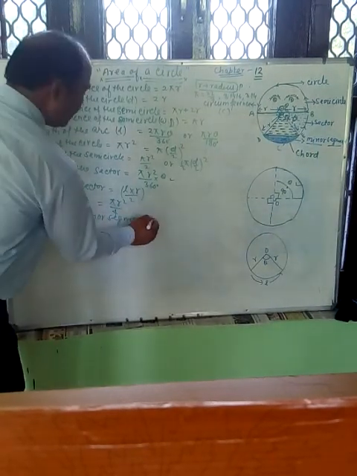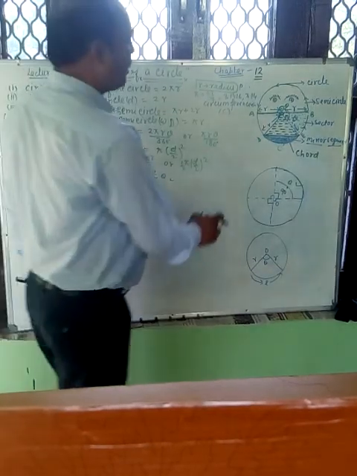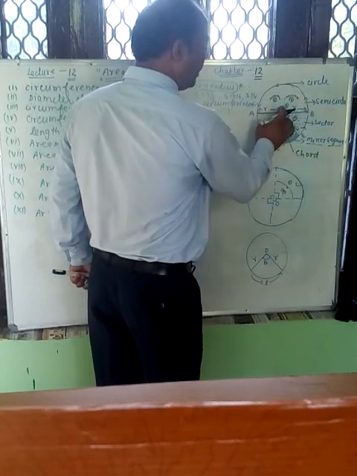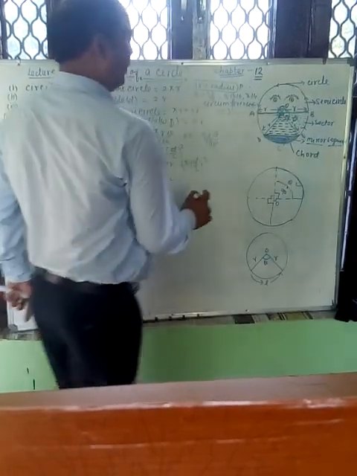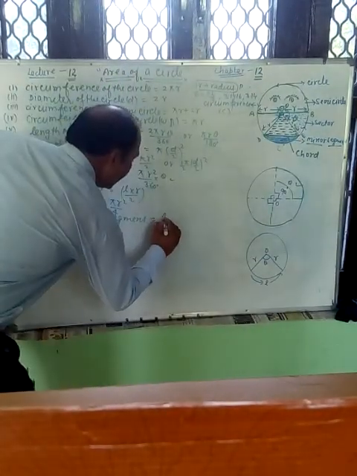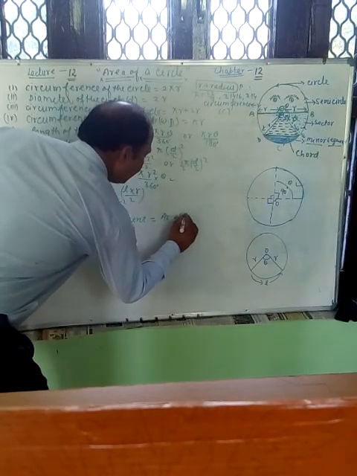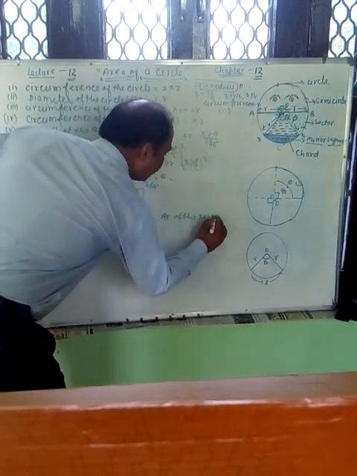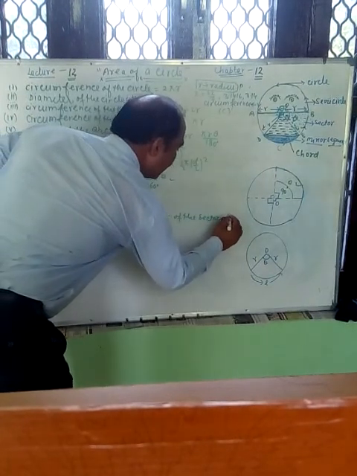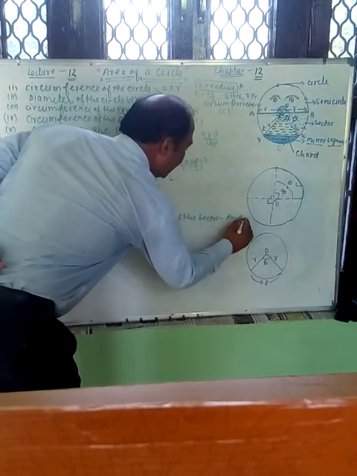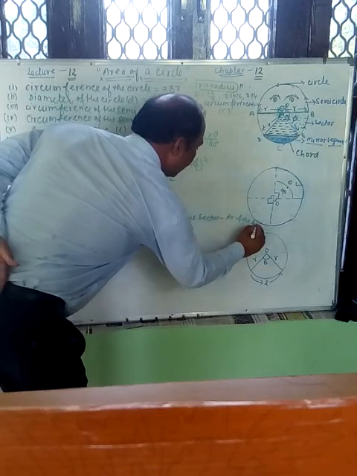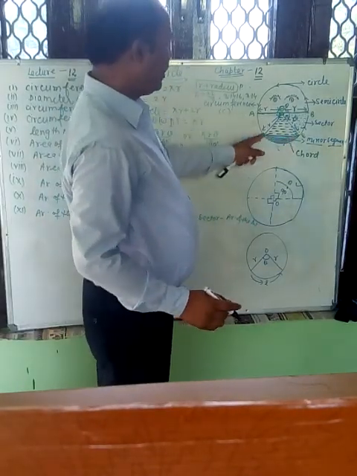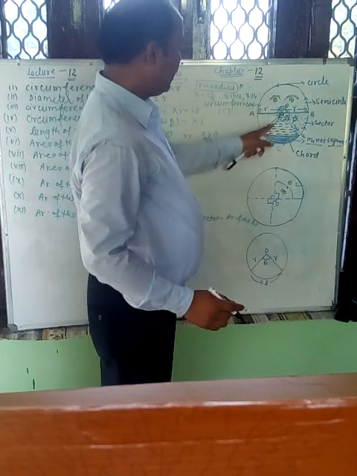Area of the minor segment is equals to area of the sector minus area of the triangle, the triangle which is formed here.